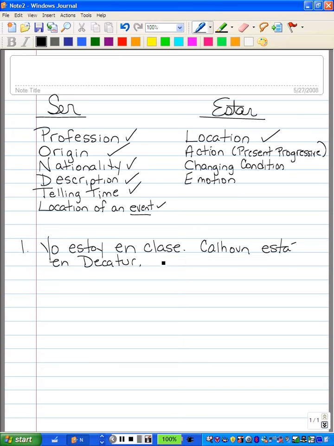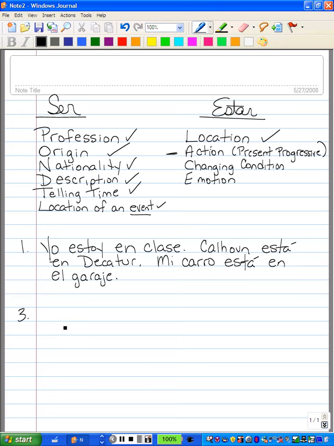You could say, mi carro, my car, está en el garaje. My car is in the garage. All of those are locations. None of those are events. Okay, we're going to skip the present progressive for a minute. Okay, go down to changing condition.